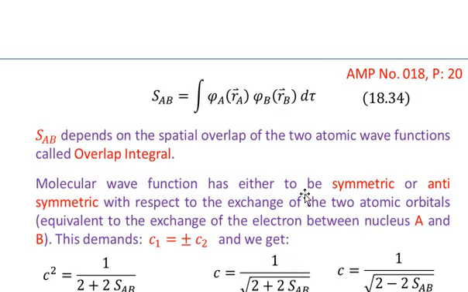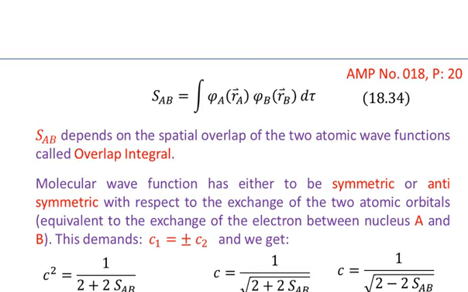Molecular wave functions have to be either symmetric or antisymmetric with respect to the exchange of two atomic orbitals. The exchange of two orbitals is equivalent to the exchange of the electron between nucleus A and nucleus B. So in such a case, we can have the molecular wave function as a symmetric wave function or an antisymmetric wave function. And this demands that C1 is equal to plus or minus C2.